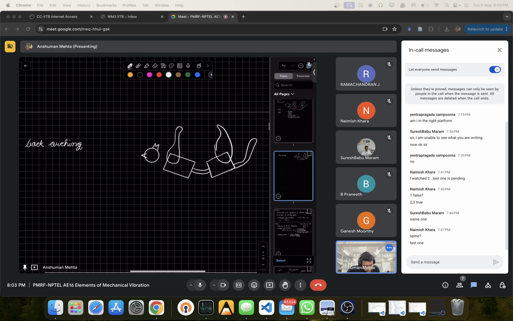So here this is bending element, and this is around ZX plane.